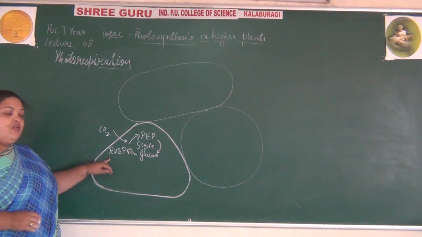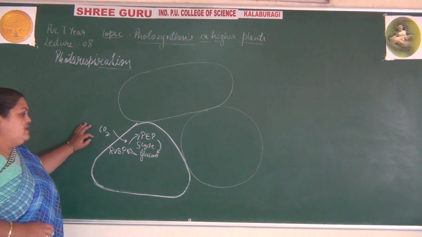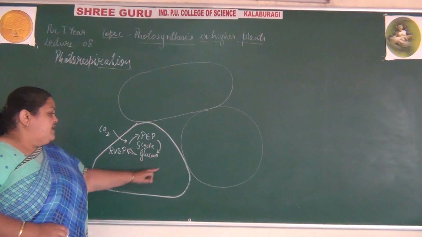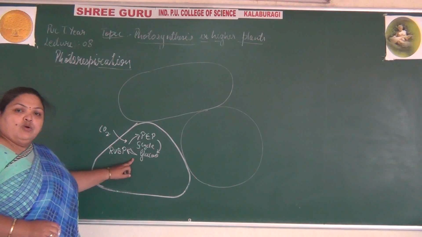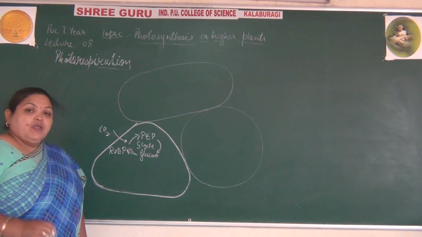If RuBP undergoes carboxylation, it absorbs carbon dioxide and is converted into phosphoglyceric acid, which is converted into glucose, and the C3 cycle is conducted.